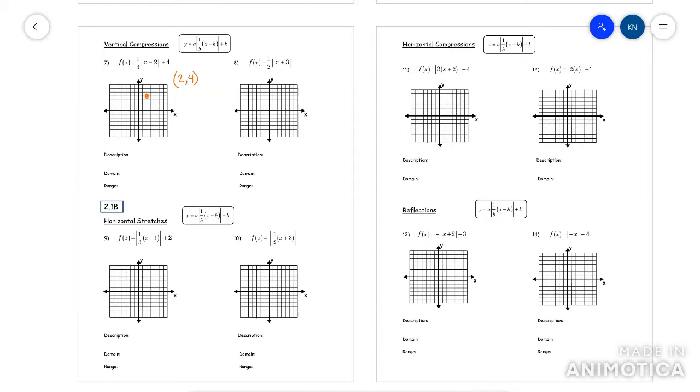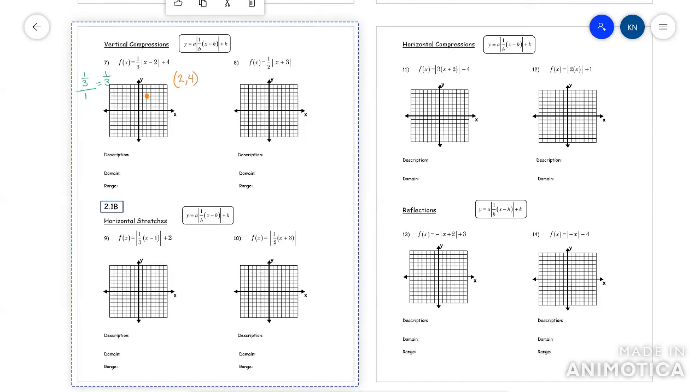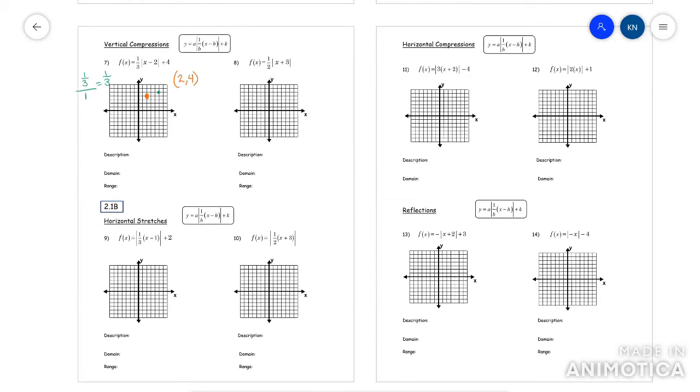Okay, now find your A, which is a third. Put it over your B, which is 1. A third over 1 is just a third. This is your slope from that orange dot. Rise 1, run 3. So I'm going to rise 1, I'm going to run 3, I'm going to put a green dot there. And then I'm just going to go and I'm going to connect those dots. So it looks something like this.